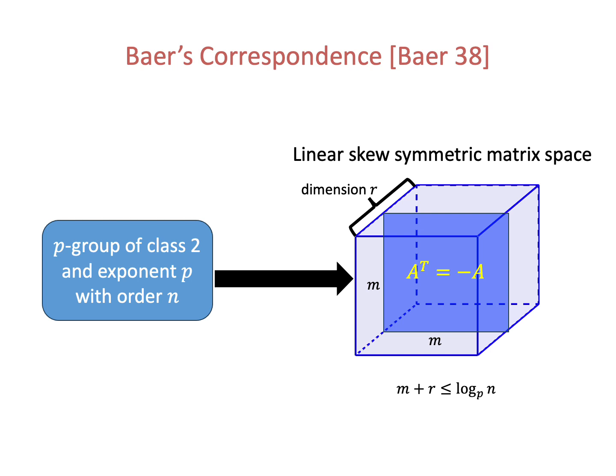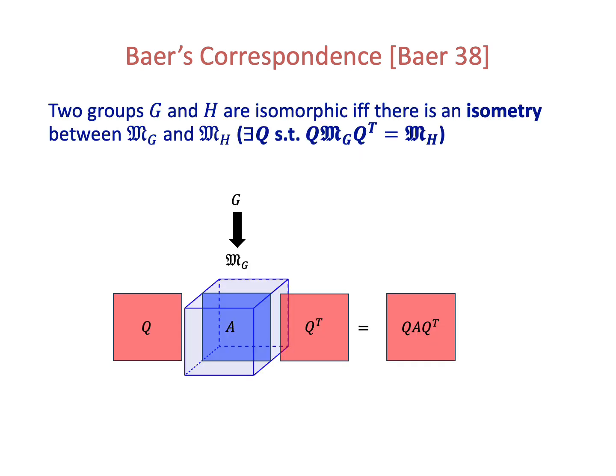Furthermore, let m be the number of rows or columns of each matrix in the space, and r be the dimension of the linear space. m plus r is upper bounded by log n to the base p. Baer correspondence implies that two p-groups of class 2 and exponent p are isomorphic if and only if their skew-symmetric matrix spaces are isometric, meaning that there exists a square matrix Q such that the conjugation of one space by Q equals another.